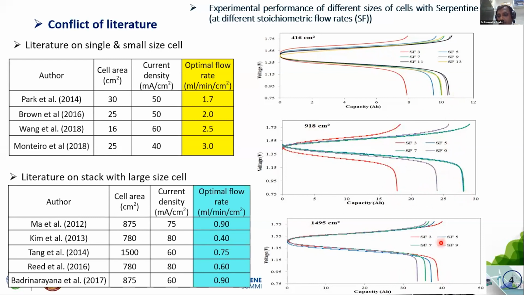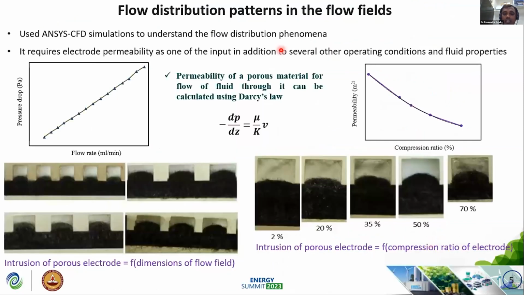For 1500, SF3 itself is very good. When we go beyond SF3 in 1500, it gives detrimental behavior. So we don't want SF11 in 1500; SF3 was very fine. We need to understand how the electrolyte is distributing through the electrodes, anodes or cathodes, in order to capture the optimal flow rates for deployable scale flow batteries.